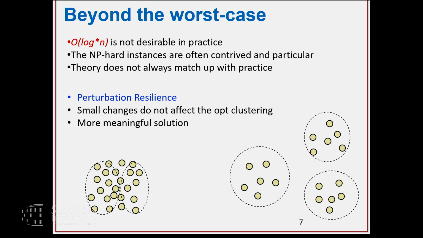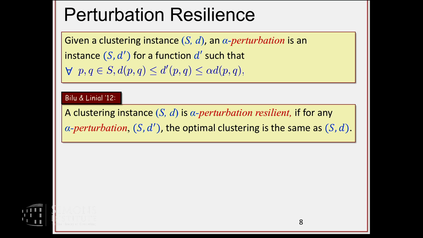Okay. Now I'm going to get a bit more specific. The formal definition of perturbation resilience is that we're given a clustering instance, and we say that an alpha perturbation is when we're allowed to stretch out any distances we want by a factor of alpha.